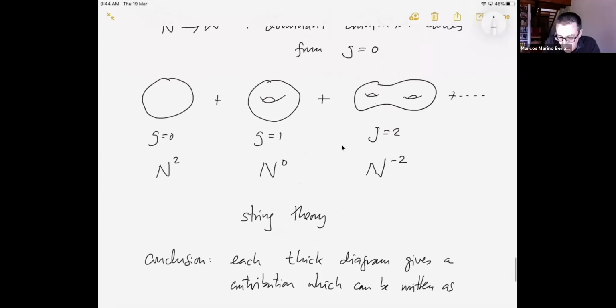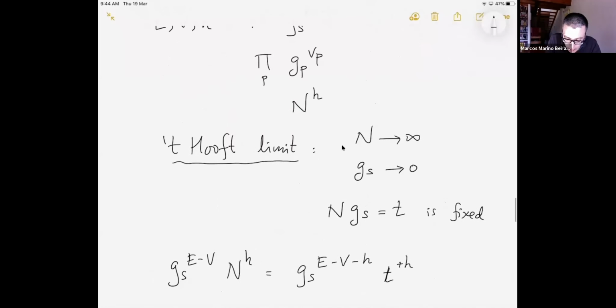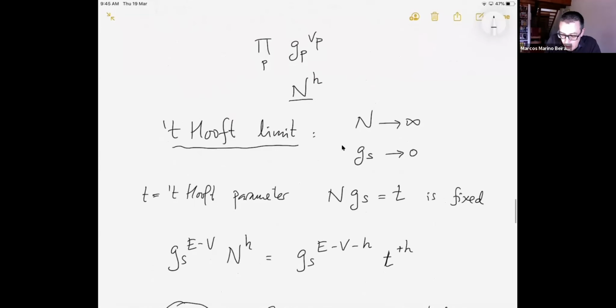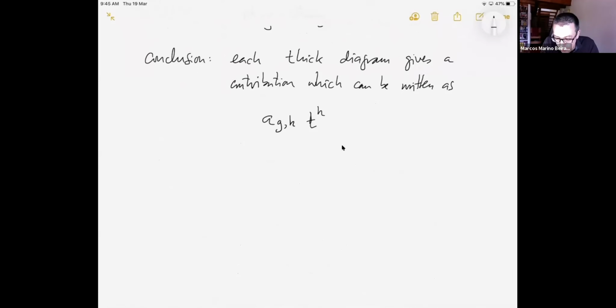But if I trade this for this 't Hooft parameter, so t is called, maybe I forgot to say this, the 't Hooft parameter, when you trade n for t, you will always have a power of t to the h. And then you always will have a power of g_s to the 2g minus 2.